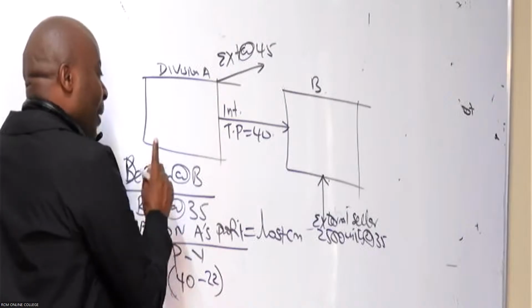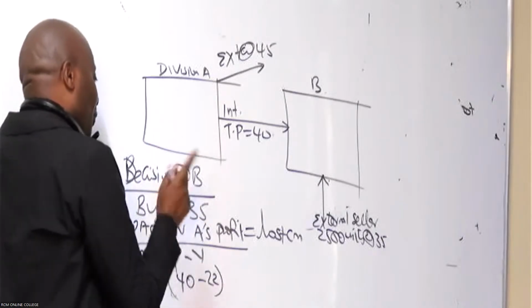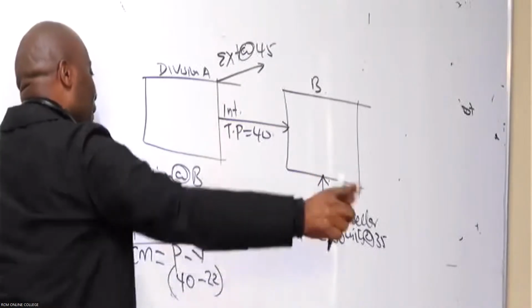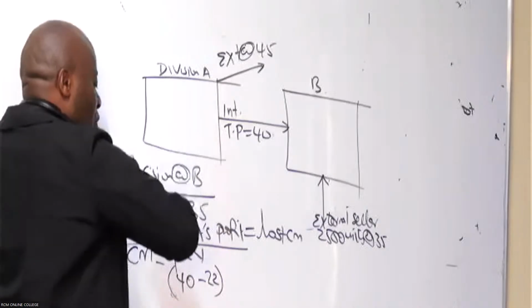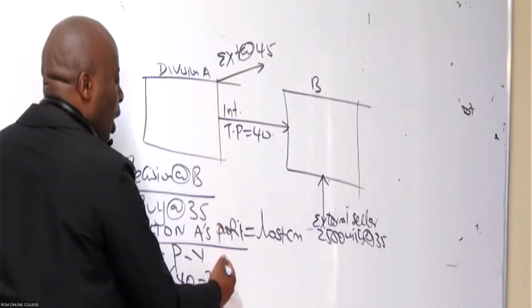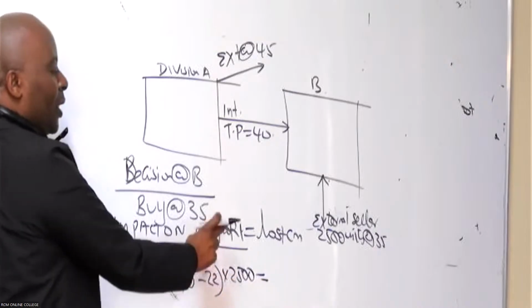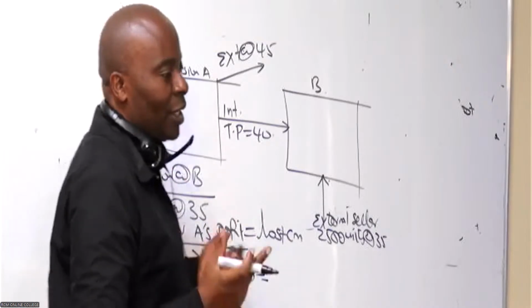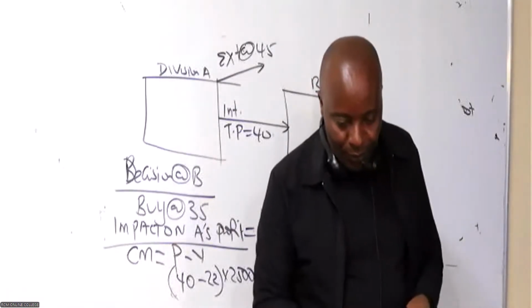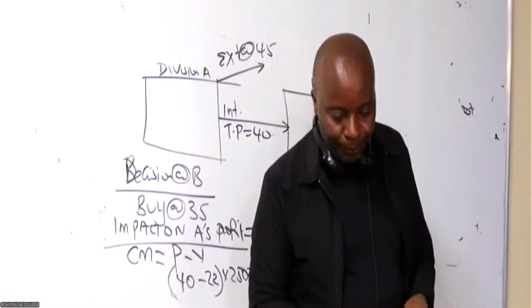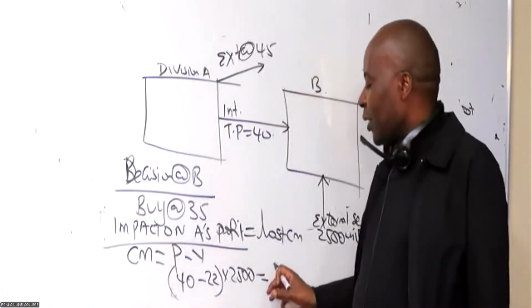So remember, B is going to buy 2,500 units from an external market, so we will lose that opportunity. This will be the contribution per unit. I want the total contribution lost from the opportunity of selling 2,500 units.